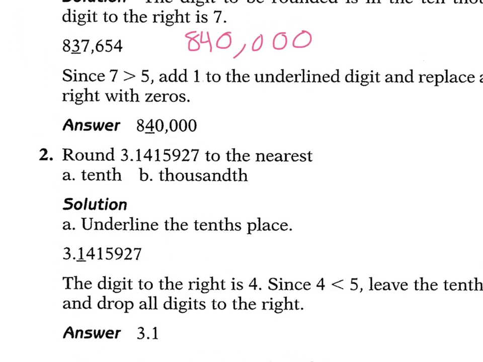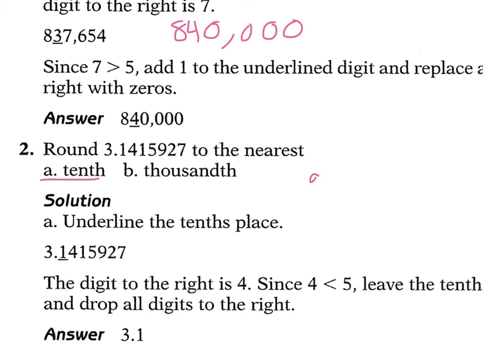For number 2, we're rounding to the nearest tenth first. So for part A, our tenth would be this 1 right here. So we would look at 4. Since 4 is less than 5, it stays the same. So we have 3.1 when rounding to the nearest tenth. Next, we're going to round to the nearest thousandth.